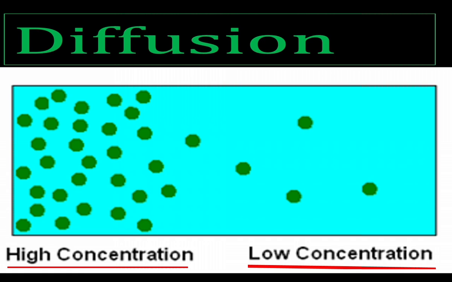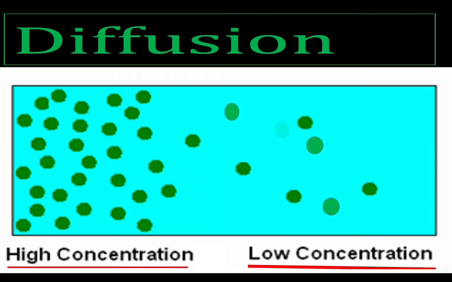In this picture, this side shows molecules in higher concentration. The other side has molecules in lower concentration. So we can imagine the direction of movement of molecules in diffusion.